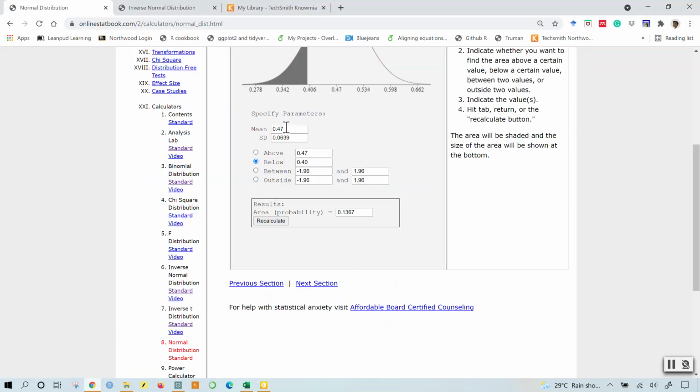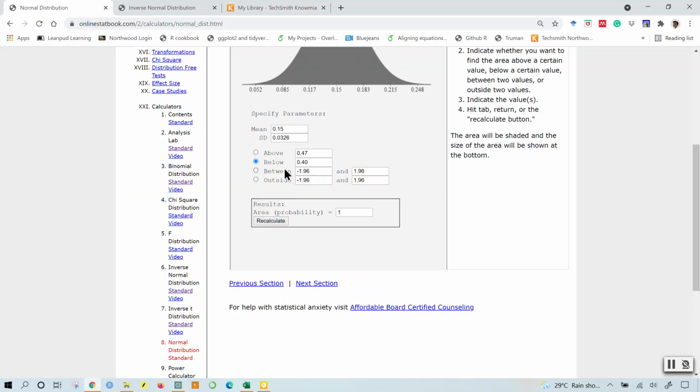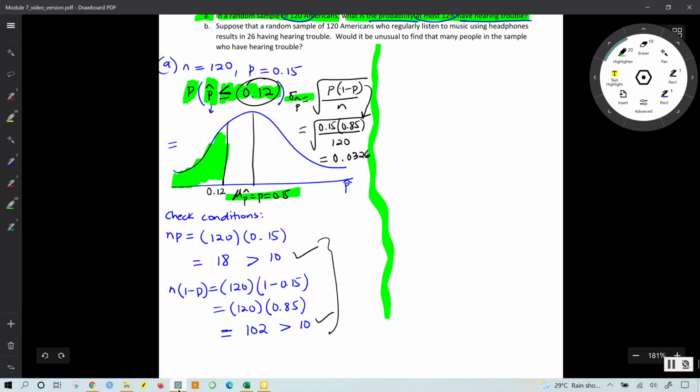I have 0.15 and I have the standard error, which is 0.0326, that's the standard deviation. And according to the question, I'm interested in the area below 0.12. So let me set that below 0.12. And I have the answer, which is 0.1787.